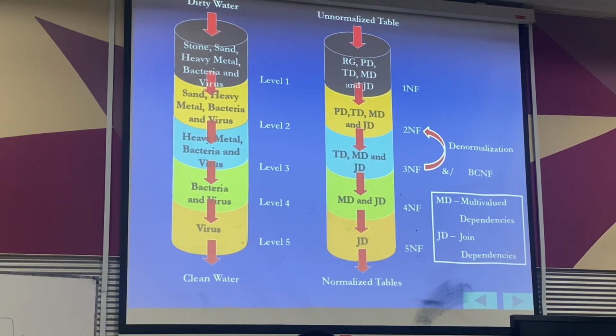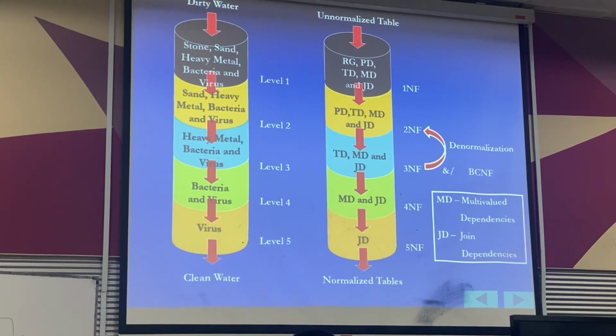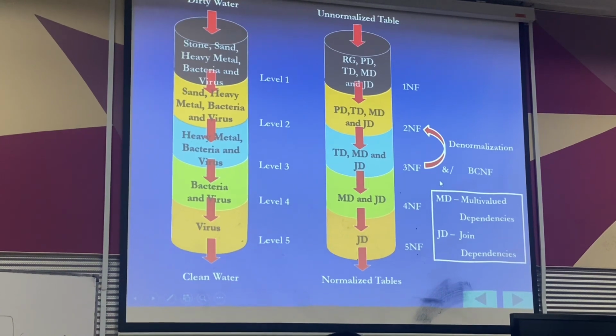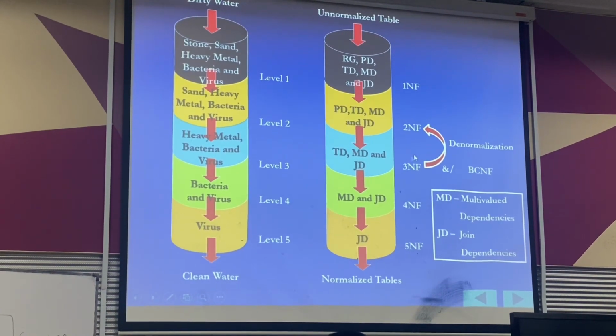What for do you do it? Correct. It's only one possibility. Your denormalization is only from third to second. No others. Then others you are not normalizing the table. No point. Okay? So remember, denormalization is possible in the third normal form when you have multi-candidate keys.